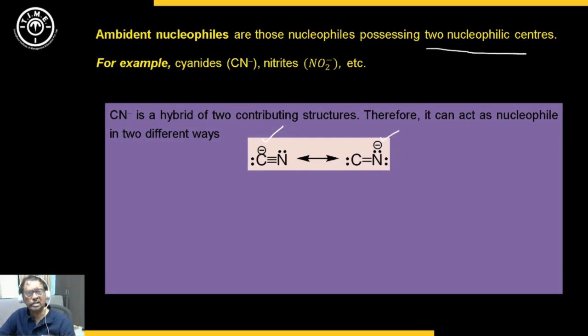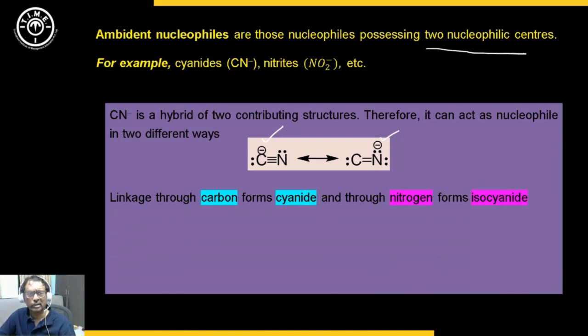When carbon attacks, we get a nitrile or a cyanide. When nitrogen attacks, we get isocyanide or isonitrile. Clear? So when the carbon is attacking, let us say that it was RX. The RX is being attacked by a CN minus with the carbon end attacking the R. R is the alkyl group. This is an alkyl halide. Alkyl halides are also called haloalkanes.